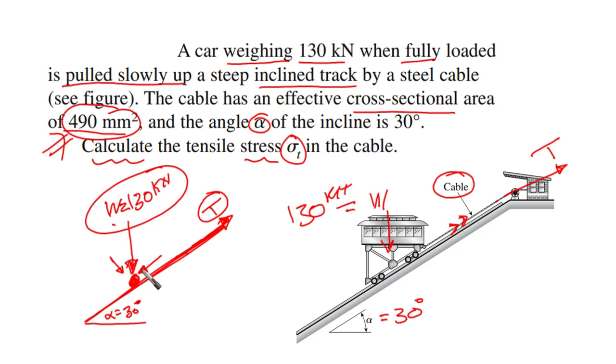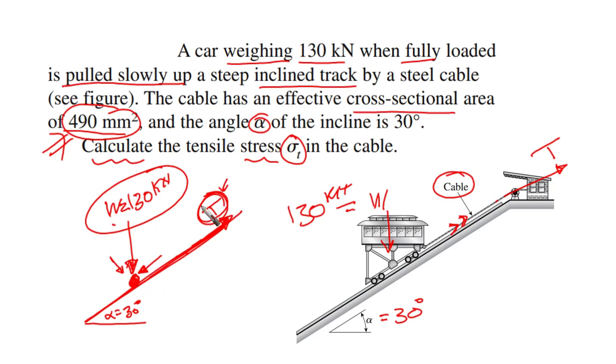We have a component of the weight in this direction, and we have this T, which is the pulling force up this steep inclined track, making the equilibrium equation with summation of forces in this direction equal to 0. We can obtain T, which is going to equal the component of the weight times sine alpha.